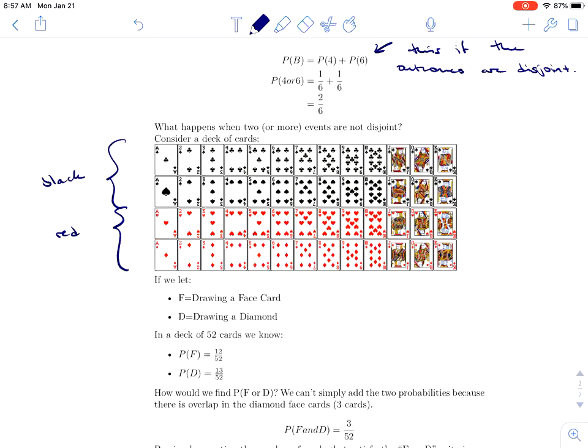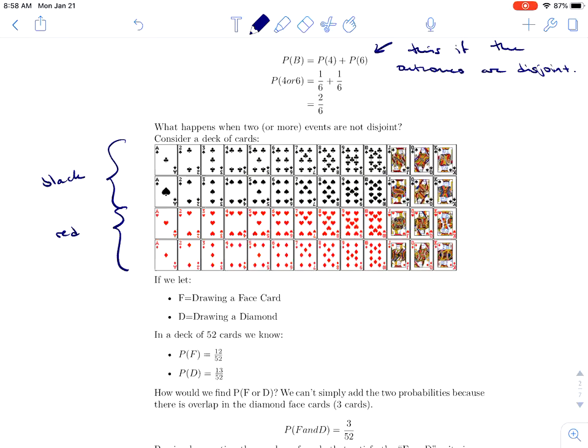So we've got a standard deck of cards. There's 52 cards, and we can talk about the 4 suits, or we can talk about face cards. Again, we can talk about the colors. So there's lots of things that we can talk about just using a deck of cards.